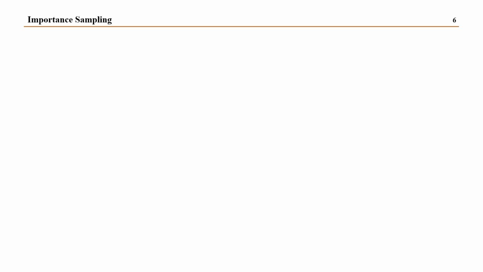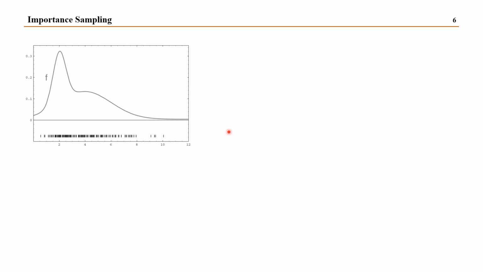Now we're going to put these ideas into more concrete terminology. We're going to discuss something we call importance sampling, which is one of the basic building blocks of a successful particle filter. Basically, the idea of importance sampling boils down to this: we are trying to approximate a certain distribution f using a bunch of samples. However, sampling from f could be quite costly or sometimes even impossible.